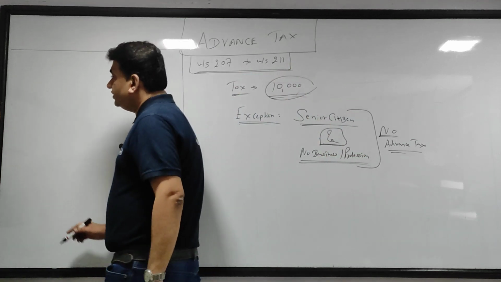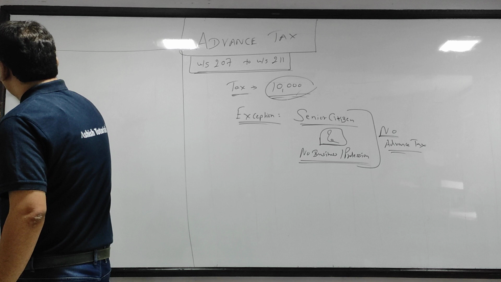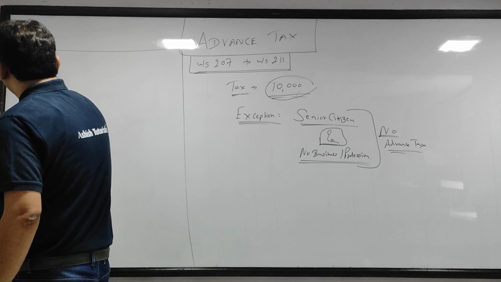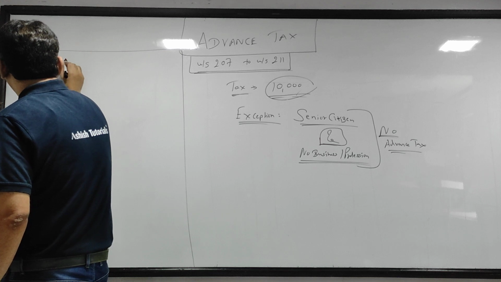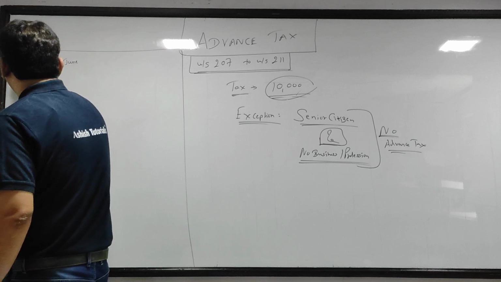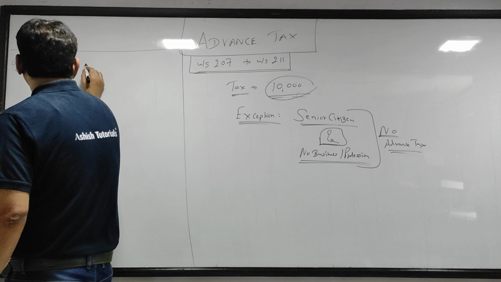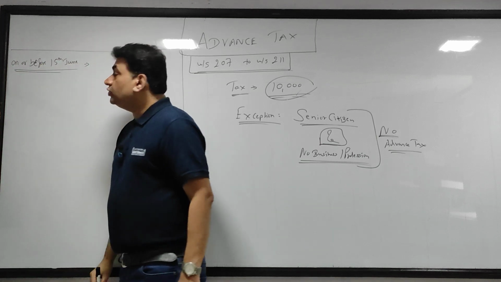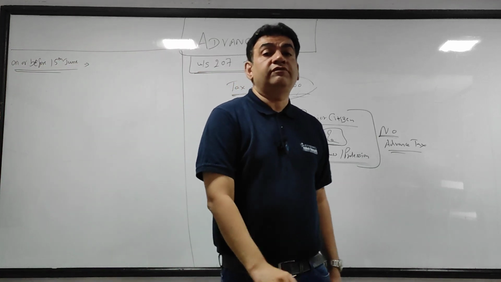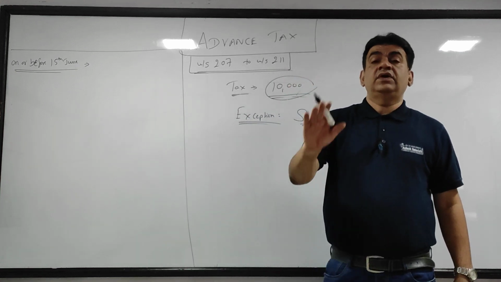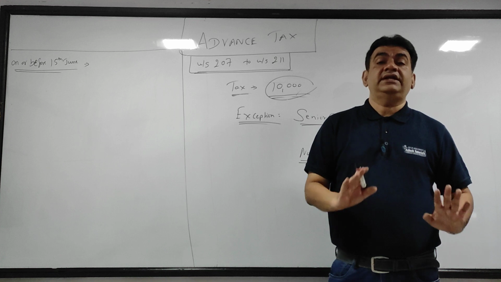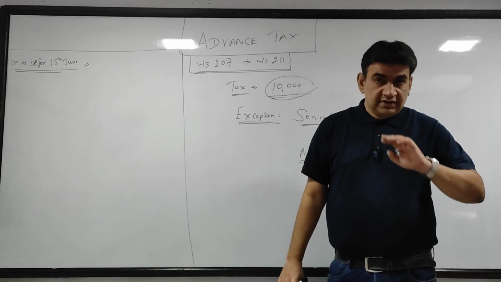So my first installment you have to pay on or before 15th June. My first installment has to be paid on or before 15th June. Understand this? When I start the sum, automatically you will find it very simple in the sum.